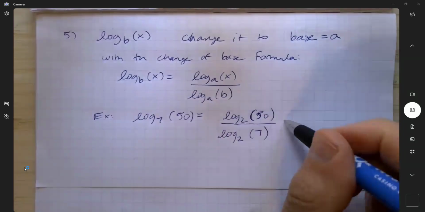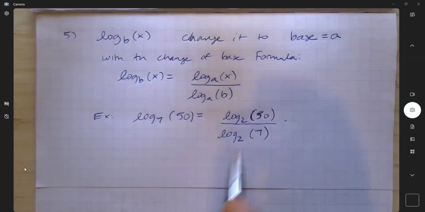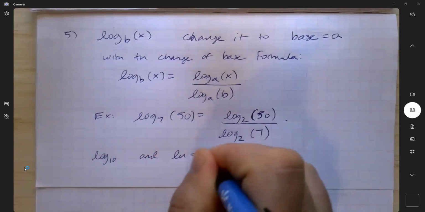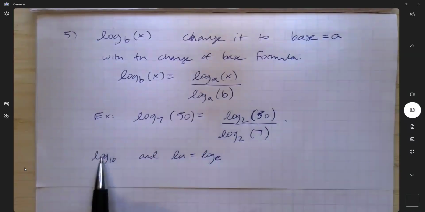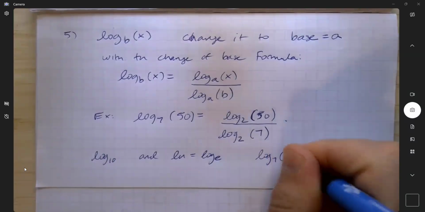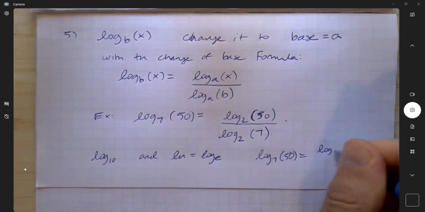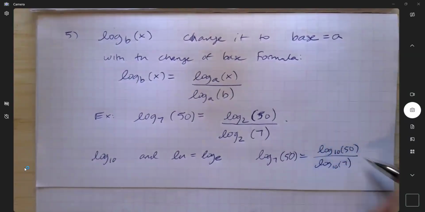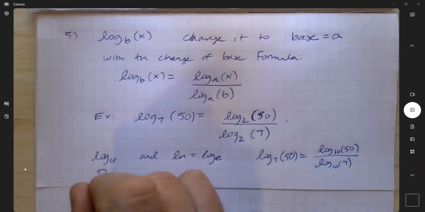Now, this used to be super useful when the only logs we knew were log base 10 and the natural log, which is log base e. And mathematicians took the time to come up with tables that would tell you the log base 10 of almost any number, and again, the natural log of almost any number. And so if you wanted log base 7 of 50, you would go to your table and look up log base 10 of 50, and look up log base 10 of 7, and then you would do the division. But Desmos doesn't care.